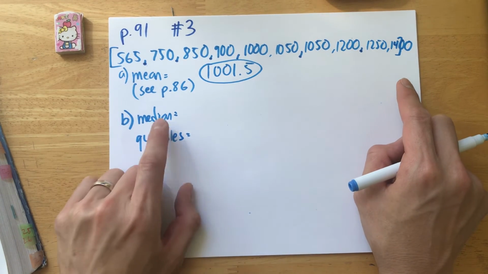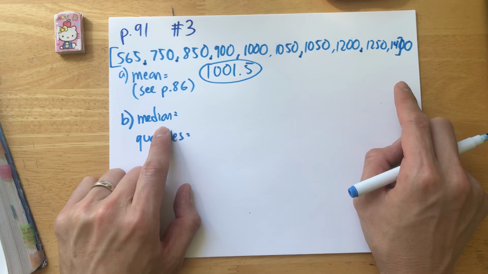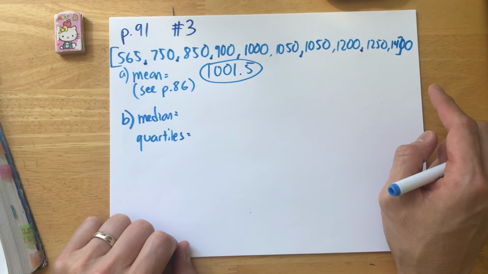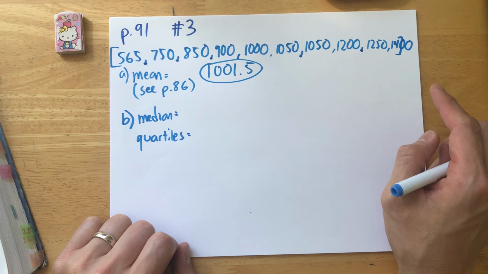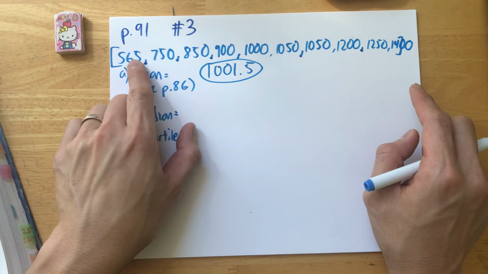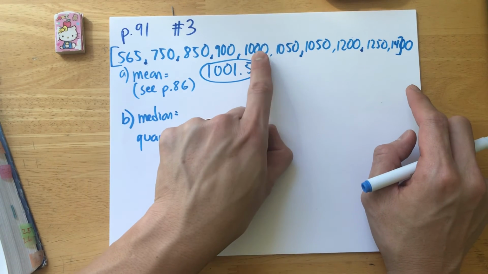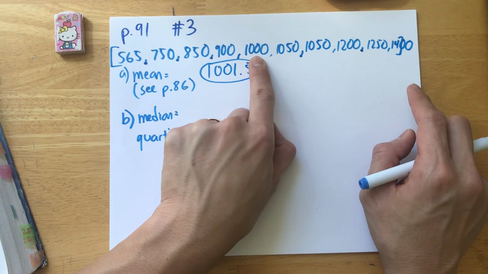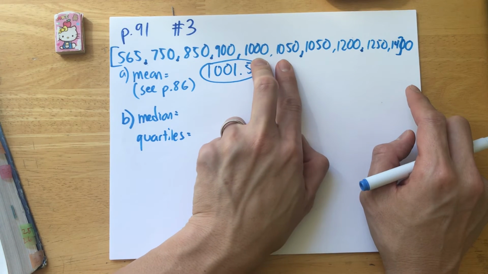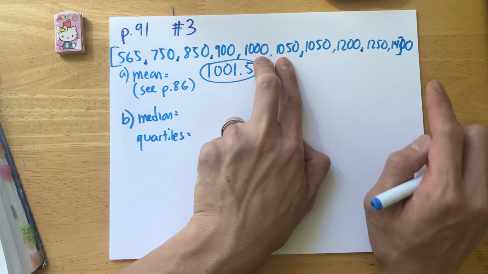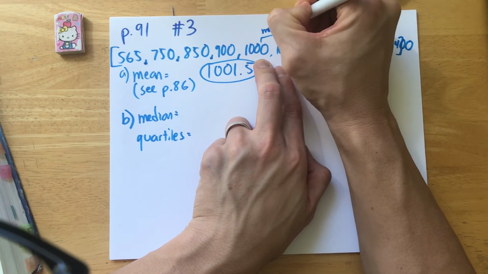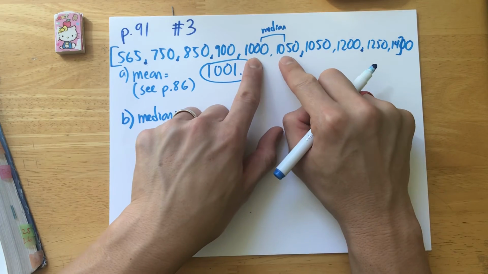The median is the middle number. There are 10 values here, so what's the middle value of 10? You would think 5, so you go 1, 2, 3, 4, 5. Is this 1,000 the middle value? No, actually your median is going to be in between these two values, between the 1,000 and 1,050.